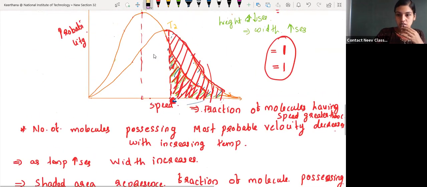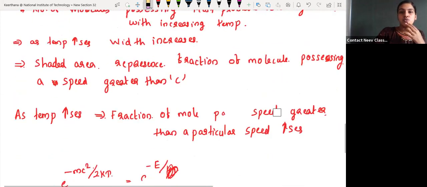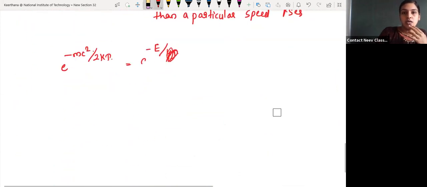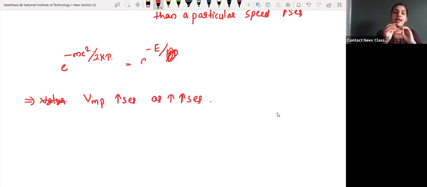This point means the number of molecules possessing most probable velocity decreases with increasing temperature. One more point is that the most probable velocity increases as temperature increases, or actually any of the velocities increases as temperature increases.